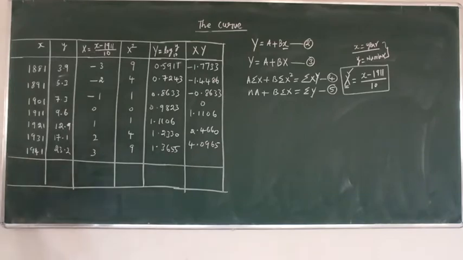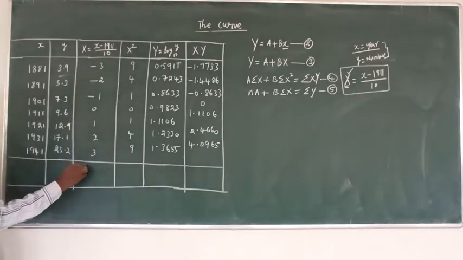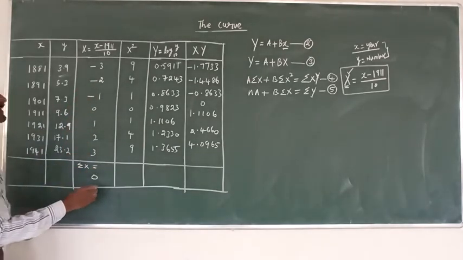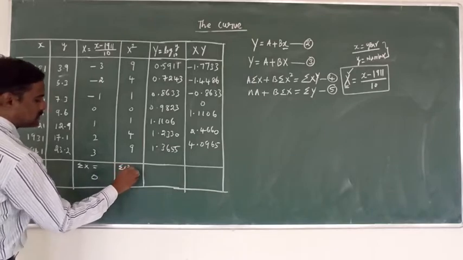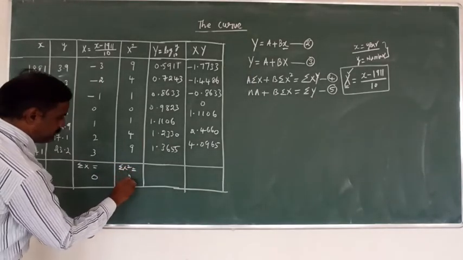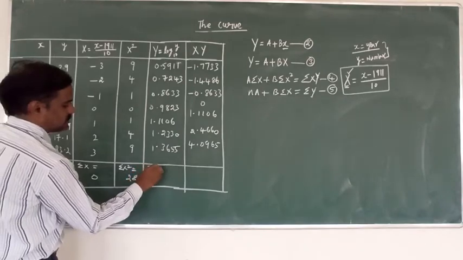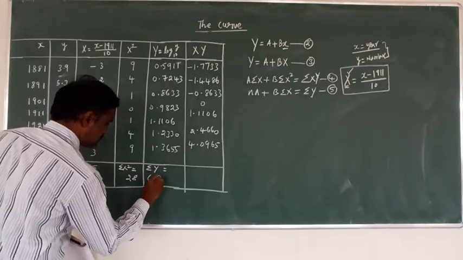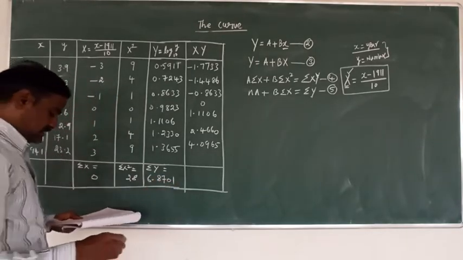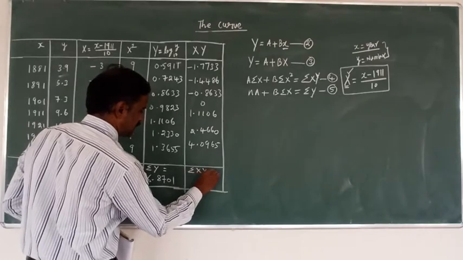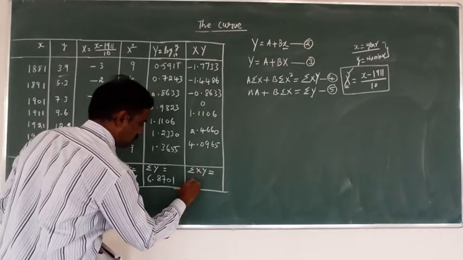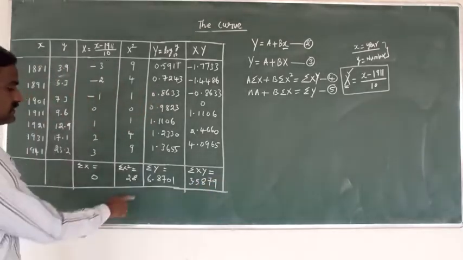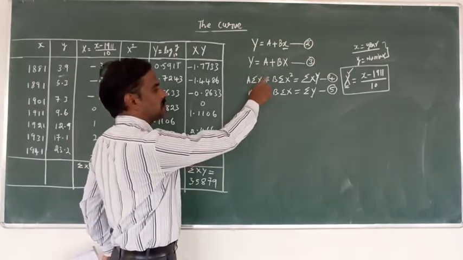Okay, and then sigma x, the summation of capital X, now this is 0, and sigma x square equal to 28, and sigma capital Y equal to 6.8701, and sigma capital X Y equal to 3.5879. Okay, this value substitute in equations 4 and 5.